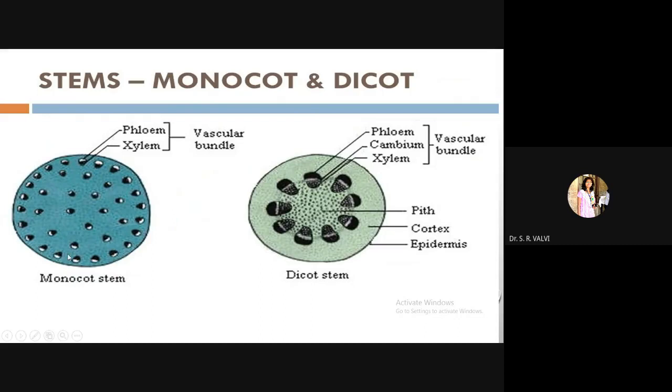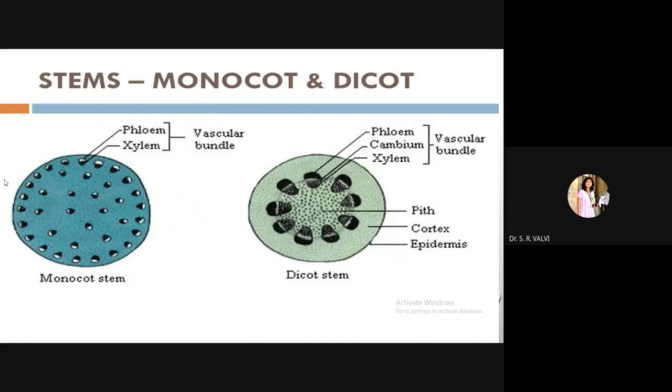In case of monocot, the vascular bundles are not arranged in a ring fashion; they are scattered right from the periphery towards the center. So why are such scattered vascular bundles present in the monocot, and why in a dicot are they present in a ring?